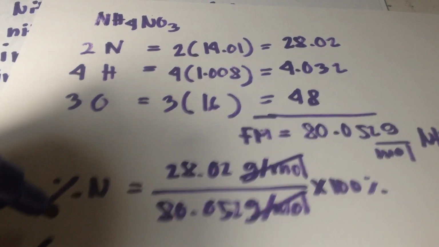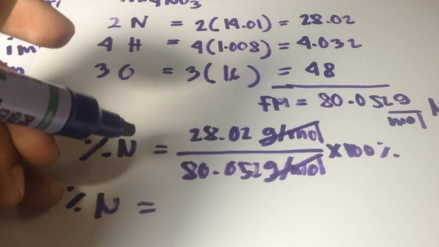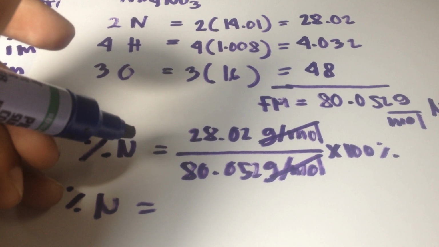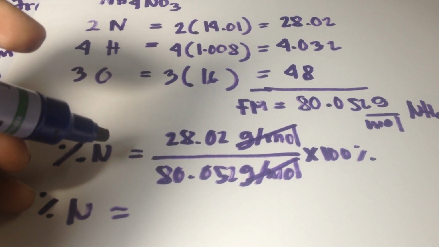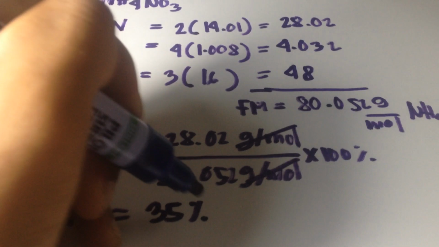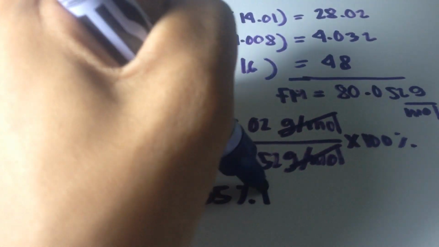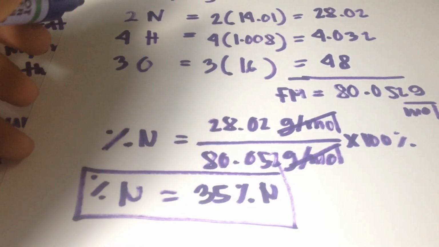So cancel out grams per mole, and what is left is percent. So percent of nitrogen is equal to 28.02 divided by 80.052 times 100%. So equals 35% of nitrogen. So this is all, and that is your final answer.